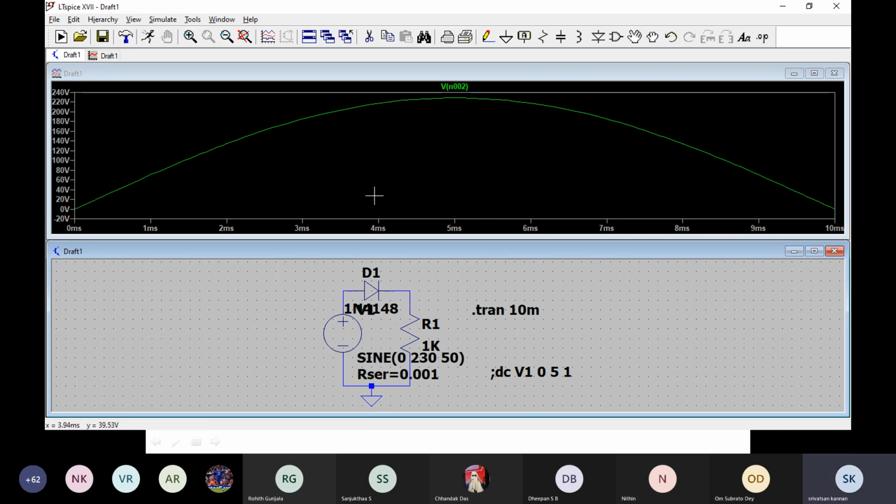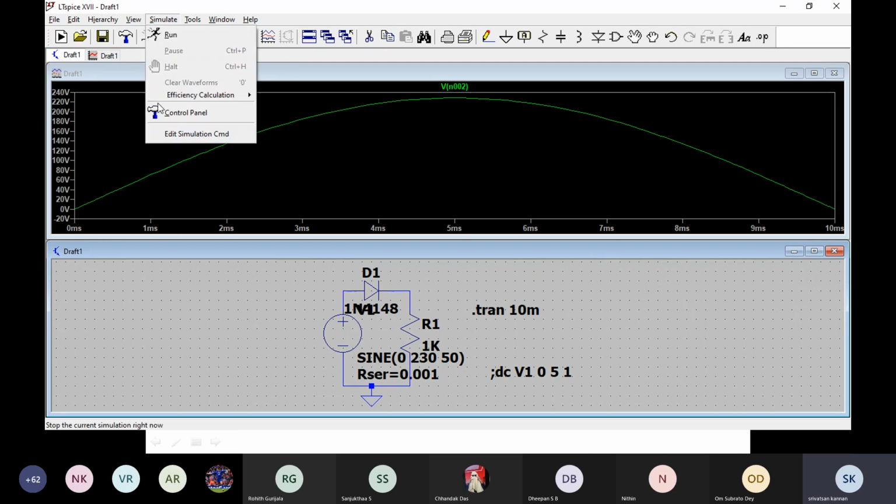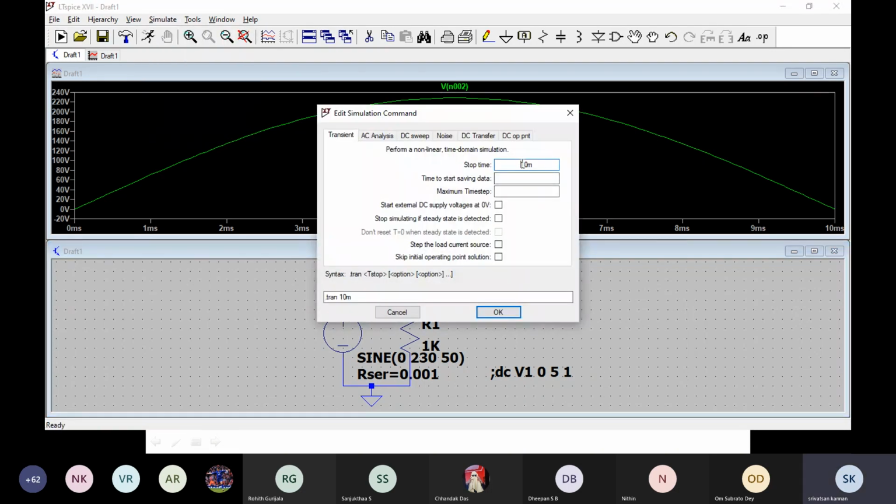If you want to see the correct waveform, edit simulation, stop time 100 milliseconds.